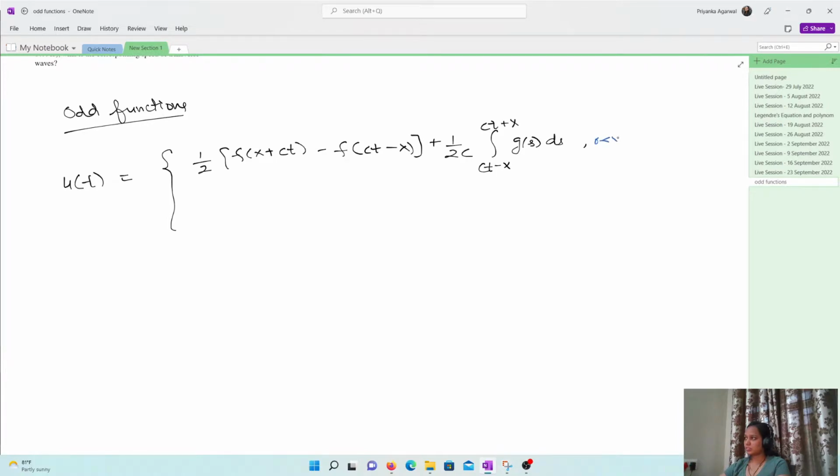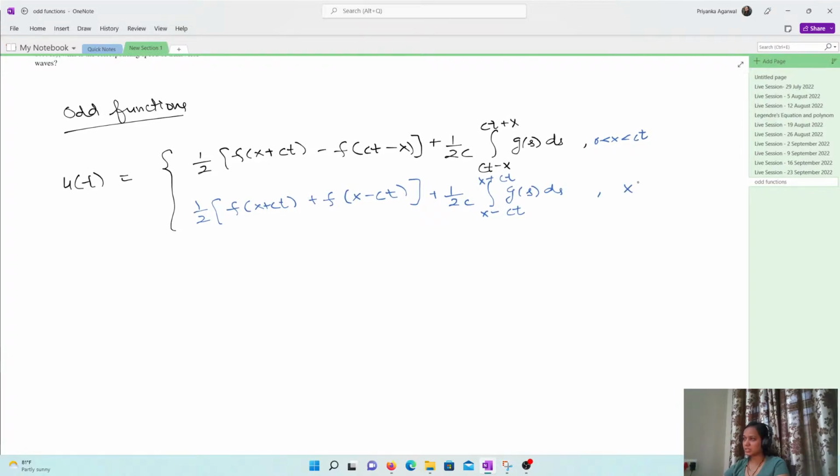Where x lies between 0 to ct. And in the other case, 1 by 2 f of x plus ct plus f of x minus ct plus 1 by 2c, integral from x minus ct to x plus ct of g of s ds.